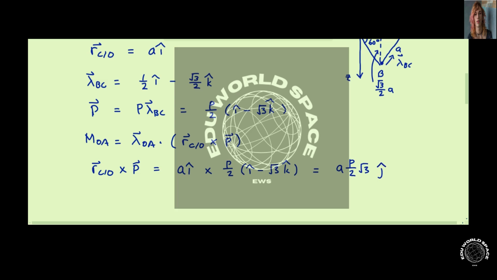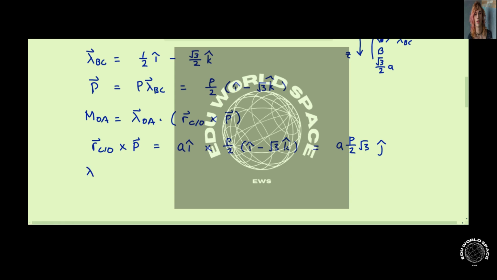Then lambda OA dot R C relative to O cross P is half I hat plus root 2 over 3 J hat plus 1 over 2 root 3 K hat, this whole thing dotted with A times P over 2 square root 3 J hat.